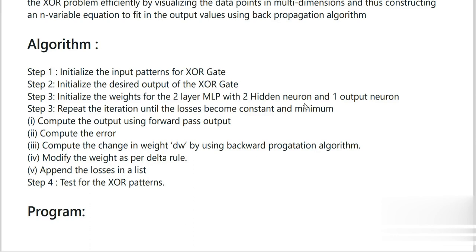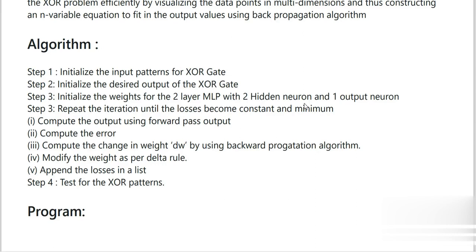The continuation of step 3 is to repeat the iteration until the losses become constant and minimal: compute the output using the forward pass, compute the error, compute the change in weight dw by using the backward propagation algorithm, modify the weights as per the delta rule, and append the losses in a list. The last step is to test the input and output data for the XOR patterns.